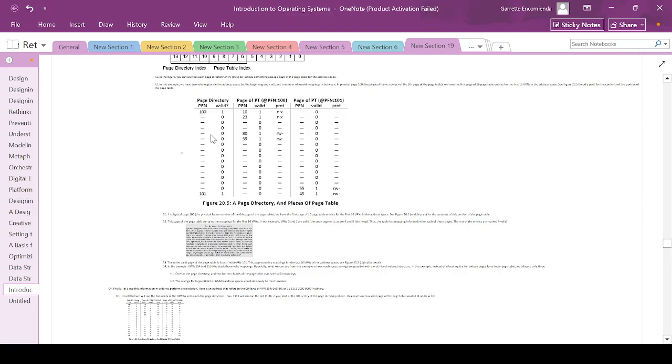This is just a larger picture of the representation we discussed earlier: the page of 64 bytes with 16 entries for the actual page table. We just represent it in a different way, a page directory and pieces of page table.